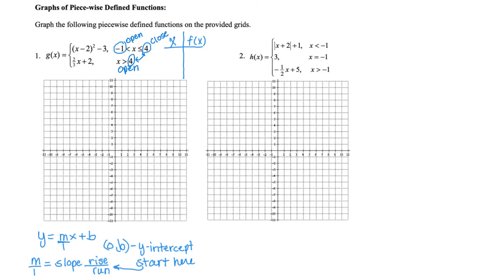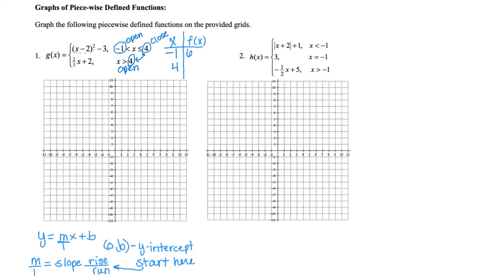So now you know what to use. You're going to use -1 and 4, and then you'll use 4 again when we get to the bottom or the slope. Alright, so use -1, and we're going to plug it in, and I encourage you to use mental math, because if you don't, you're going to have a lot of work. So plug in -1. -1 minus 2 is -3. -3 squared is 9. 9 minus 3 is 6.